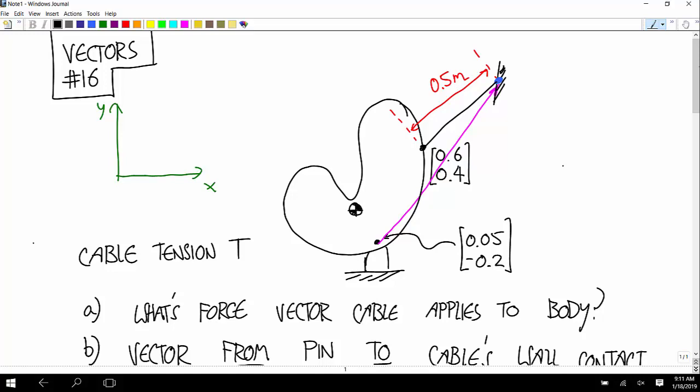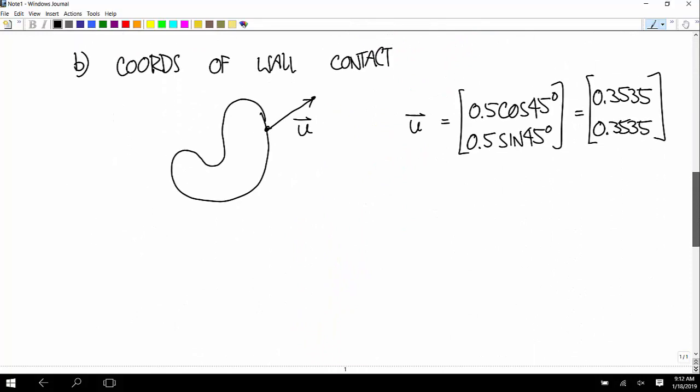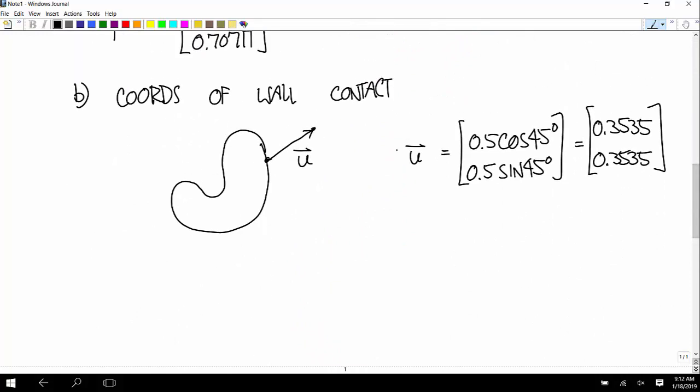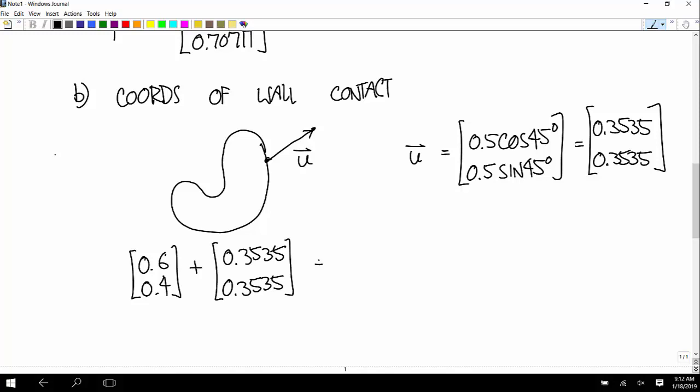So the coordinates of the wall contact are 0.6, 0.4, plus 0.3535, 0.3535, and that's 0.9535, 0.7535.